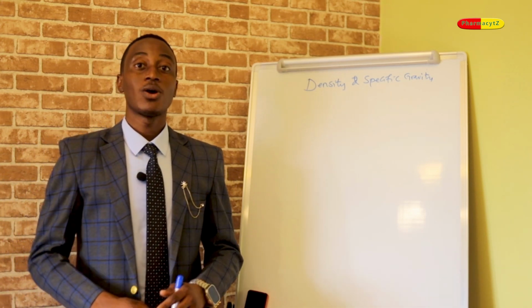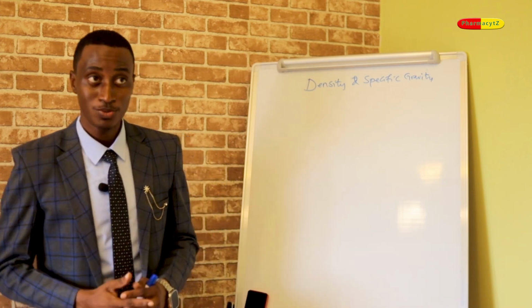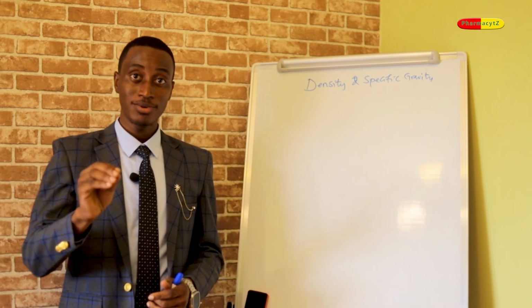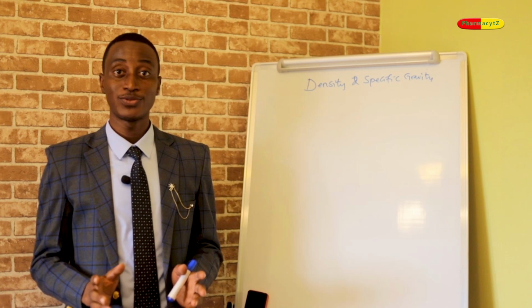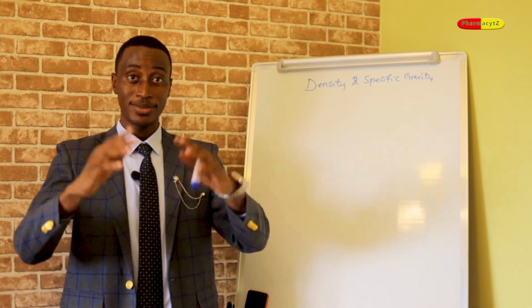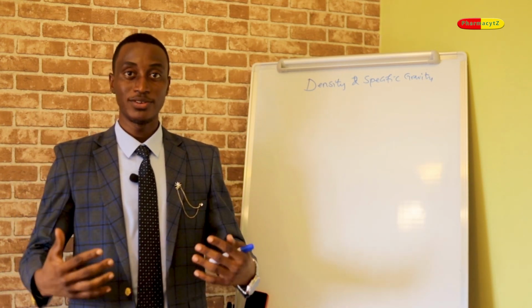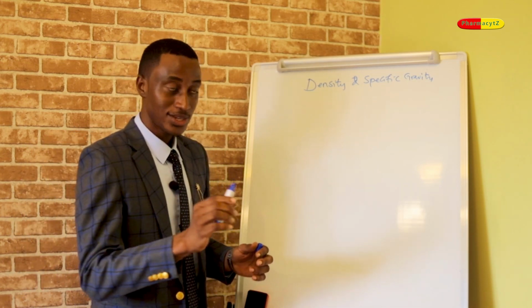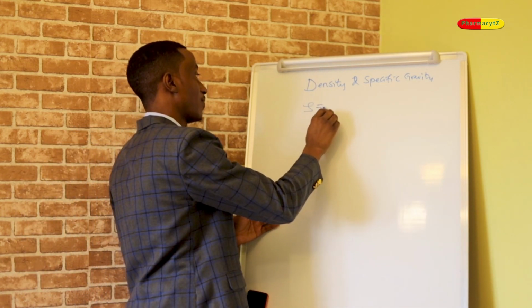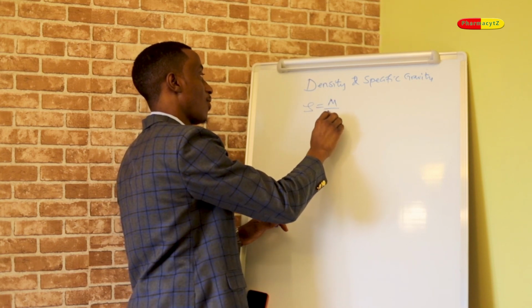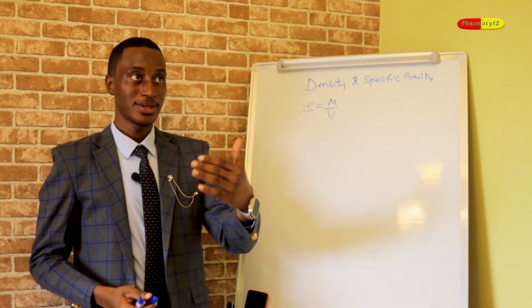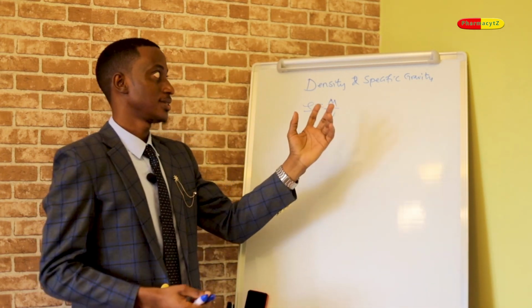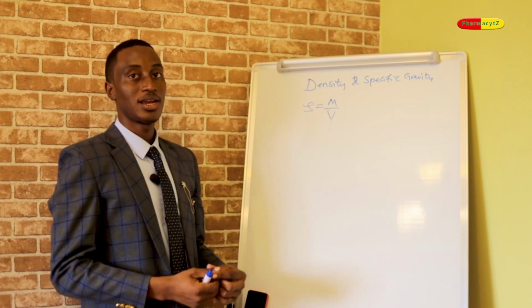We all remember the concept of Archimedes' principle, which states that when a body is totally or partially immersed in a fluid, it experiences an upthrust which is equal to the weight of the fluid displaced. Meaning that in this sense, density will be equivalent to mass over volume, because we have a certain object immersed in a fluid.